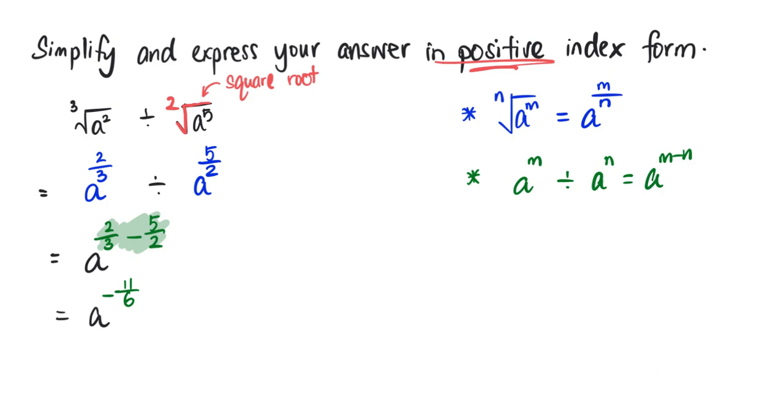So the last law I'm going to apply would be to make sure that the negative power will become a positive power. So this will be 1 over, use the red color, a to the power of 11 over 6. And that will be the answer to this question.